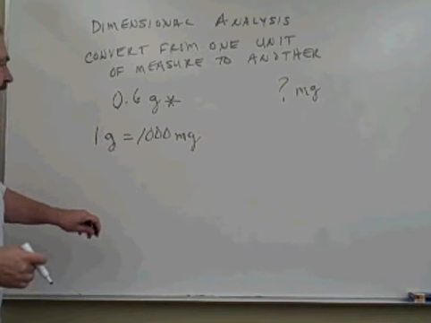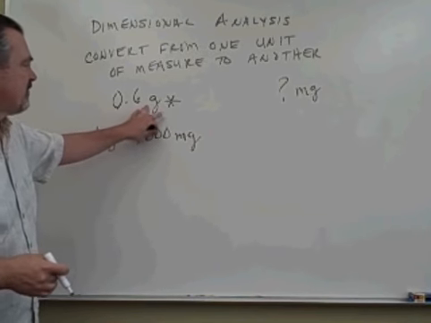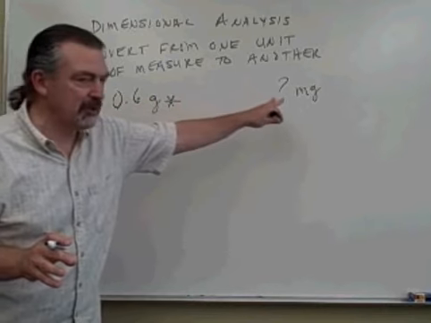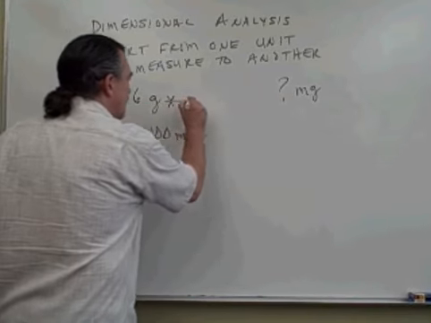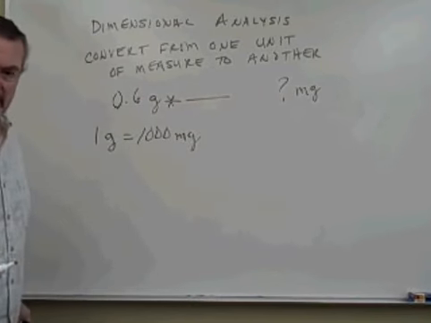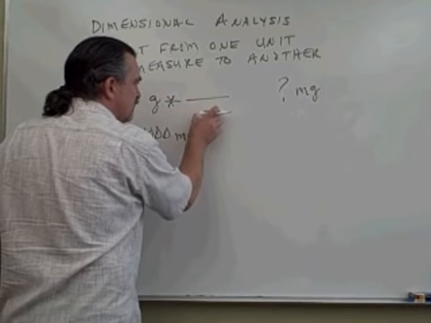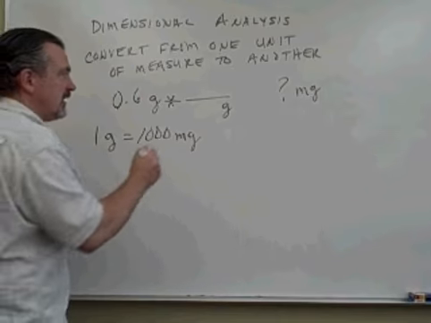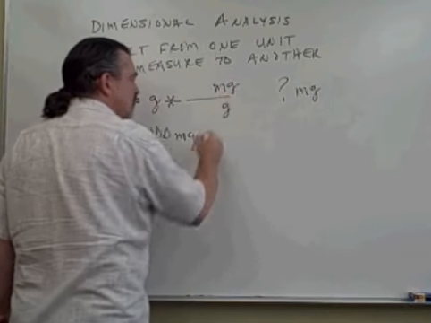What we want to have happen is we want to have the grams canceled out and the milligrams left. The way that can be done is by putting in a conversion fraction with grams in the denominator and milligrams in the numerator.